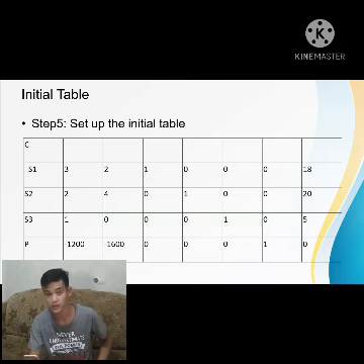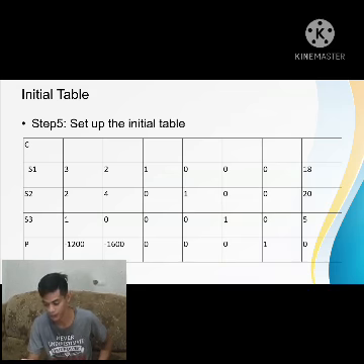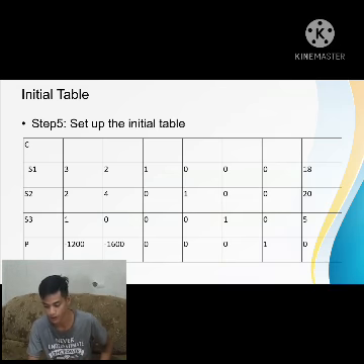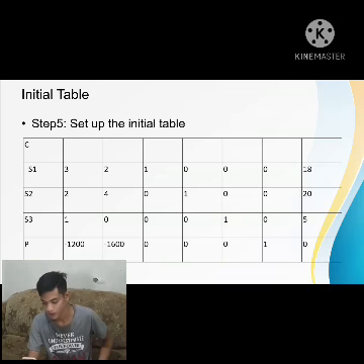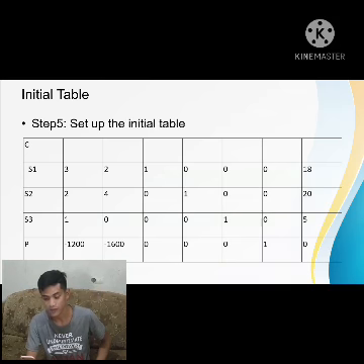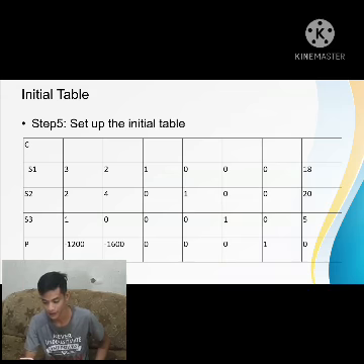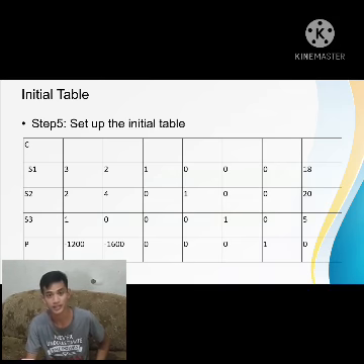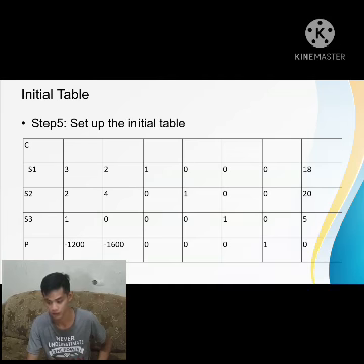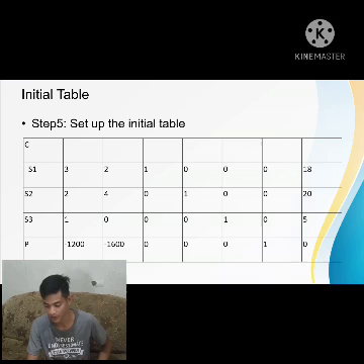That is one constraint. For S2 we have 2 under X1, 4 under X2, 0 under S1, 1 under S2, 0 under S3, 0 under P, and RHS 20. That is the second constraint. For S3 we have 1 under X1, 0 under X2, 0 under S1 and S2, 1 under S3, 0 under P, RHS 5.